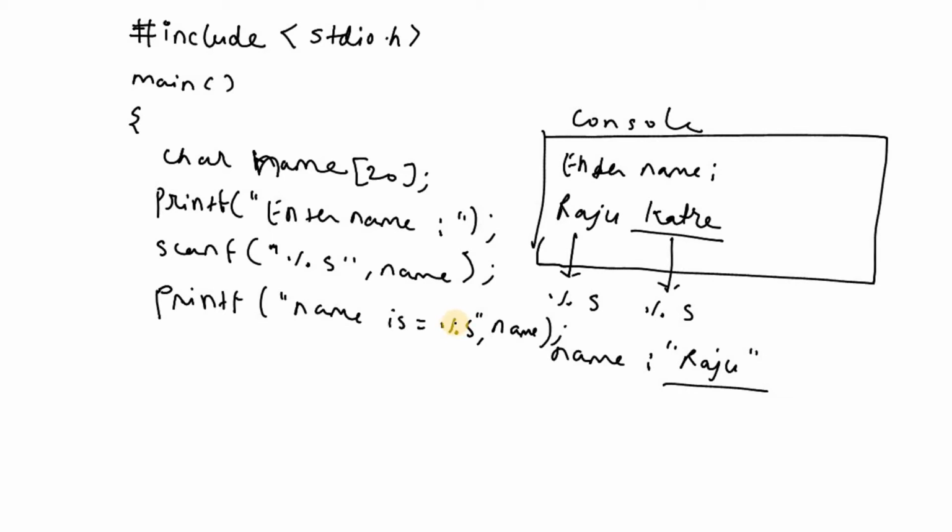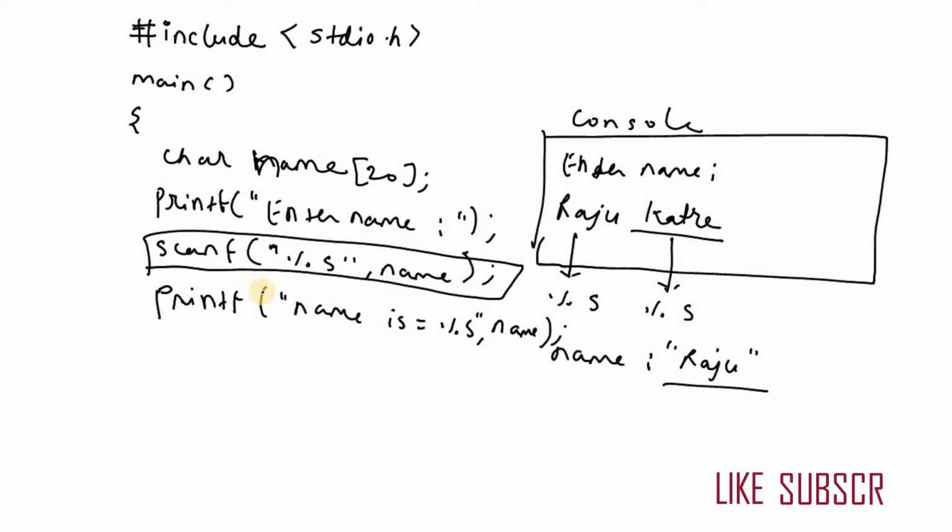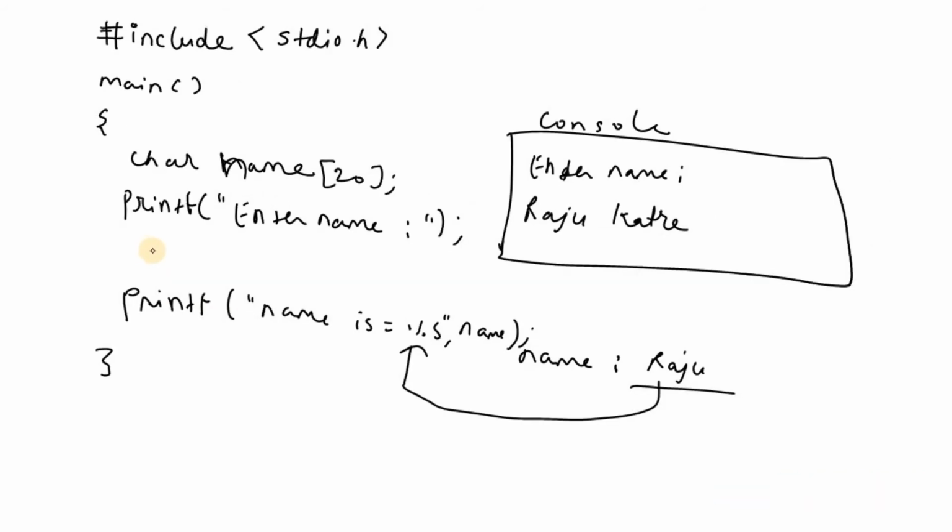Then how to read? That's why, instead of using scanf, we use the gets function. Here, in place of the scanf function, we are now using gets, which means we are reading the string.